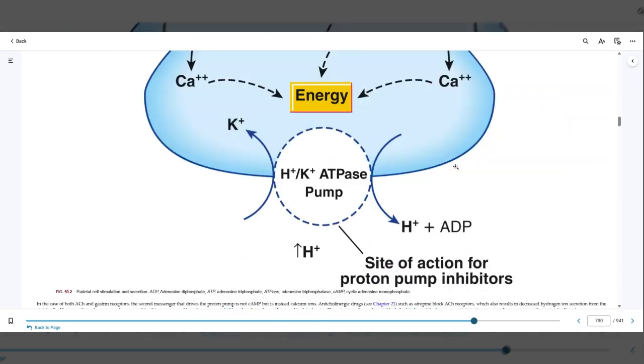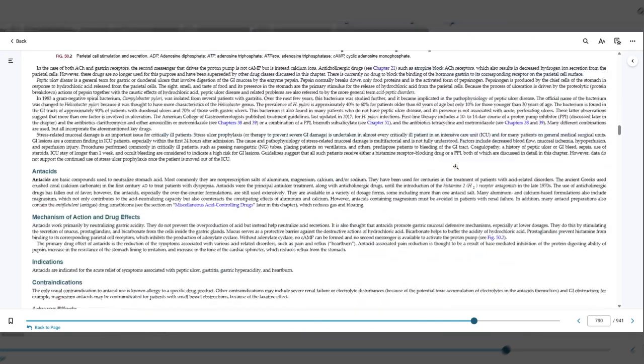When we get down to our medications here, our first one that we're looking at are antacids that neutralize stomach acid. Most commonly, these are over the counter, so they're non-prescription strength, and they use either aluminum, magnesium, calcium, or sodium. We've used it for an extensive amount of time to treat acid-related disorders.